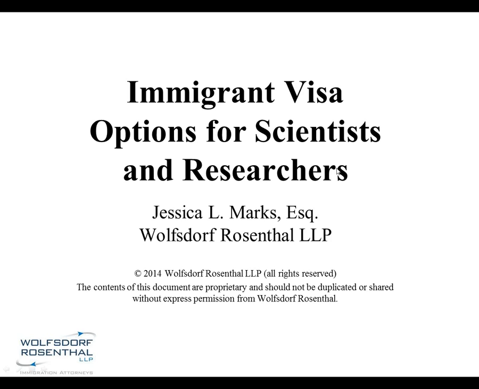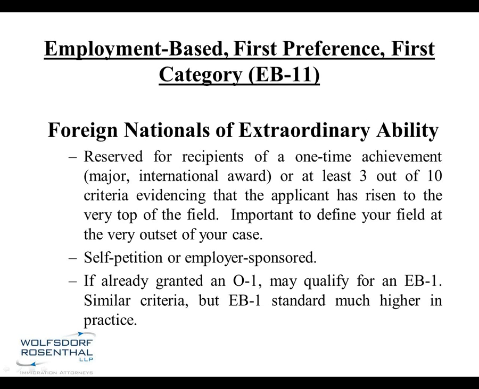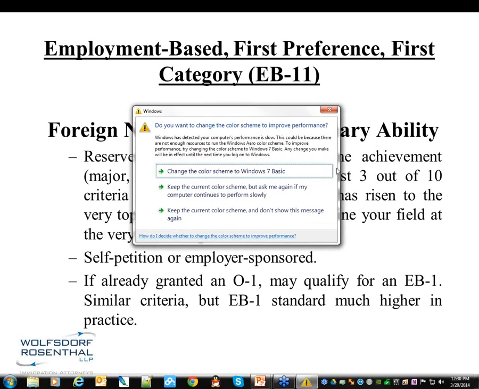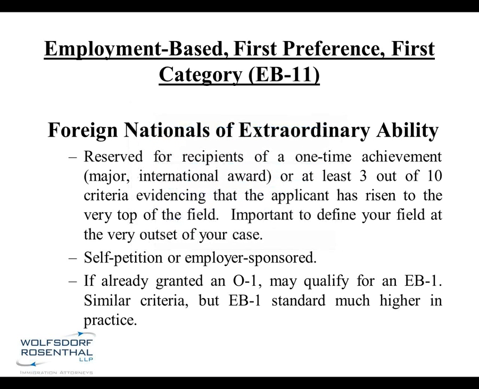So let's jump right in and talk about our first option, which, as I said, is the EB-1A. And those letters and number combinations stand for employment-based first preference, first category.